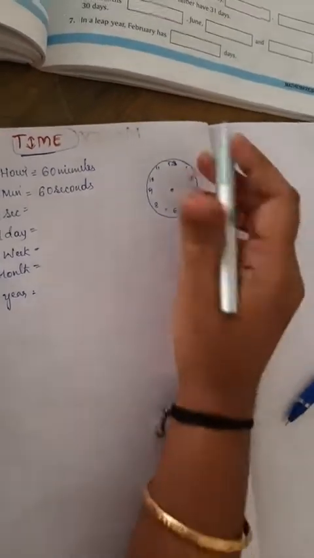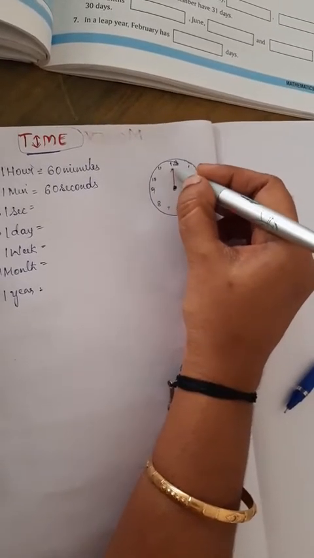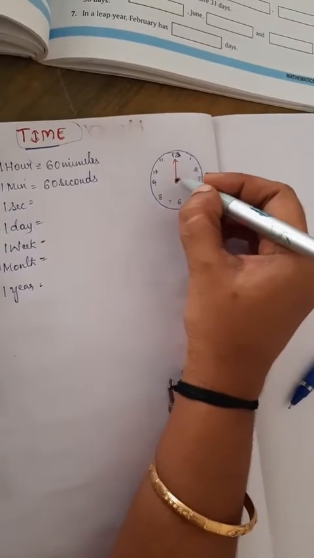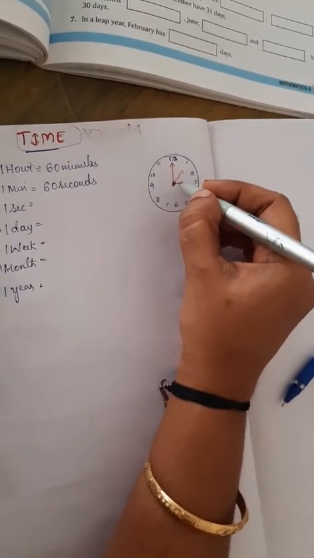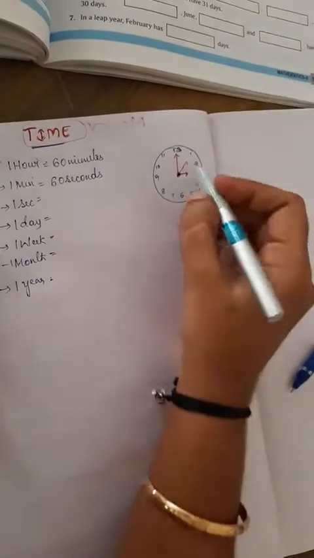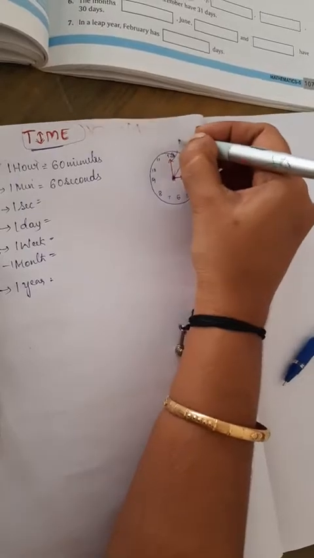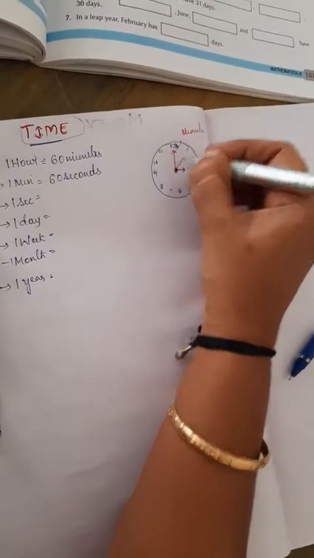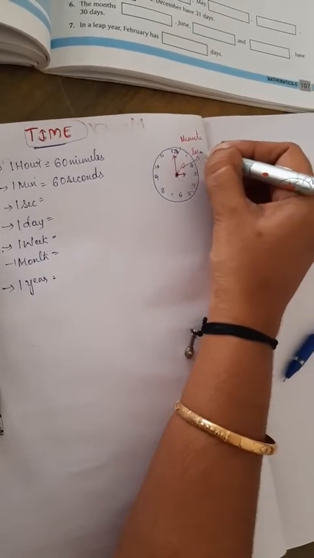So this will always consist of 3 needles, right? 1, 2, 3. This small hand always represents the hour hand, and this represents the minute, right? And the fast running one, which is continuously moving, we are going to call the seconds hand, right?